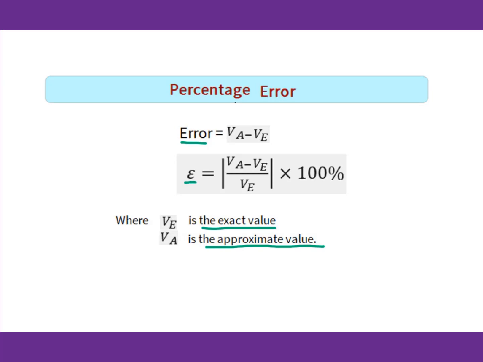For this symbol, we call percentage error equals your approximate value minus exact value over exact value. Remember that it's an absolute value. Then we multiply by 100. In other words, the percentage error is always greater than 0. It's a positive number.